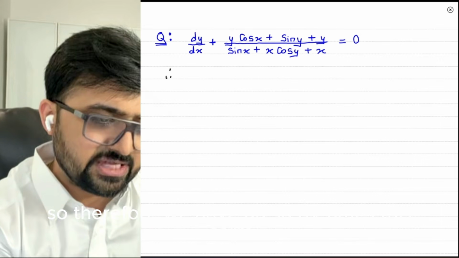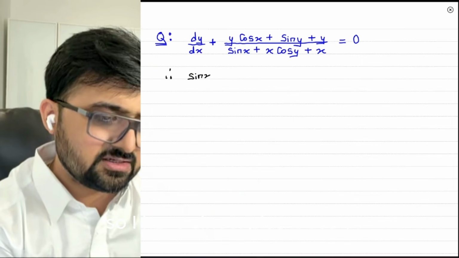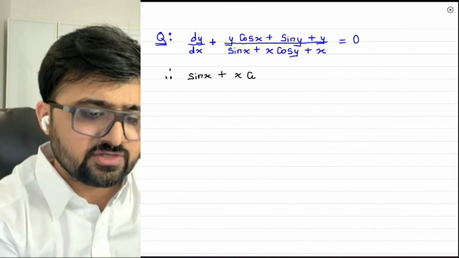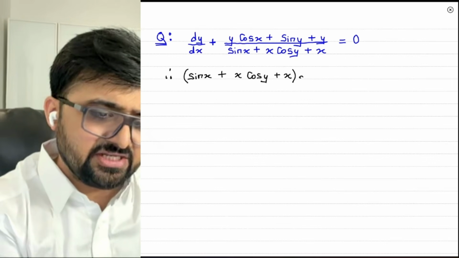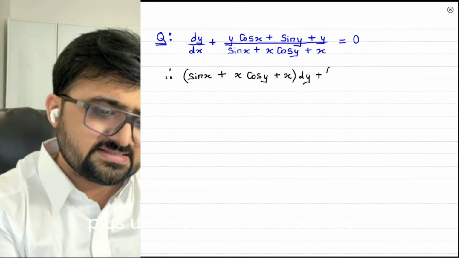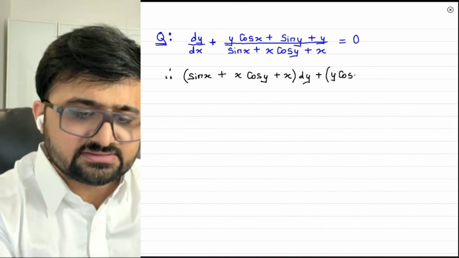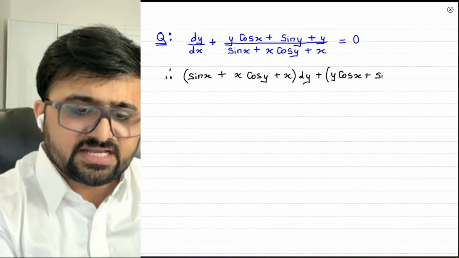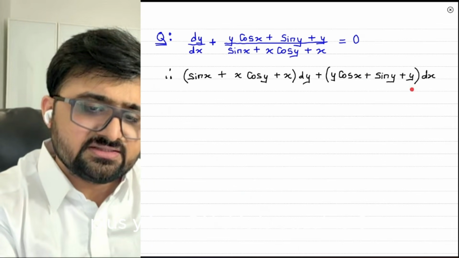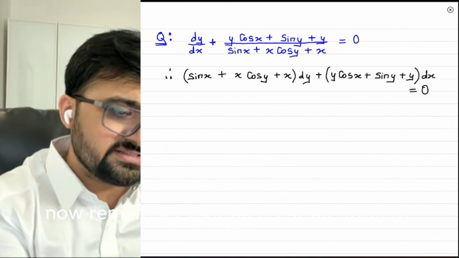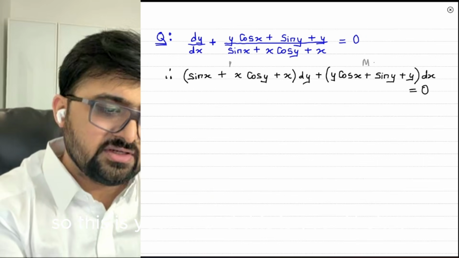So we have (sin x plus x cos y plus x) dy plus (y cos x plus sin y plus y) dx is equal to 0. Whatever is with dx is M, and this is your N.